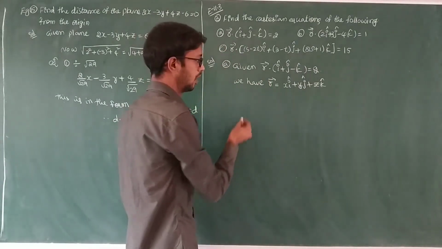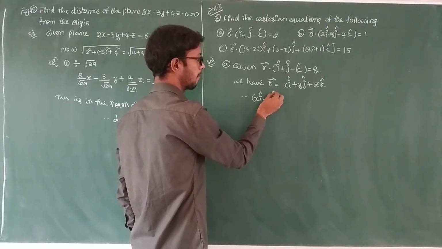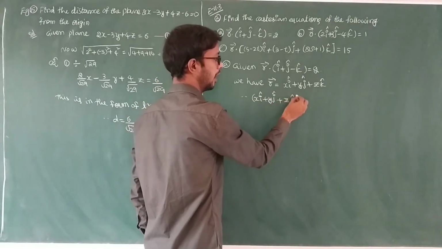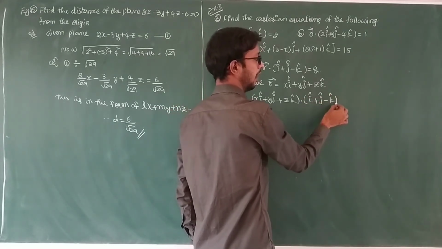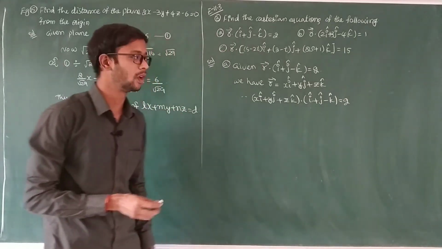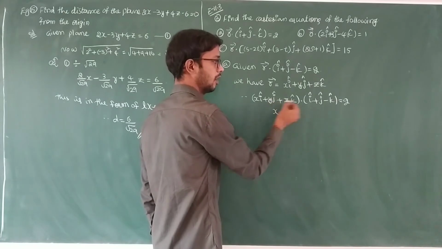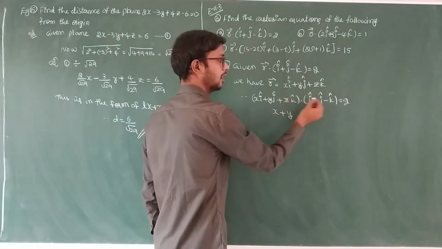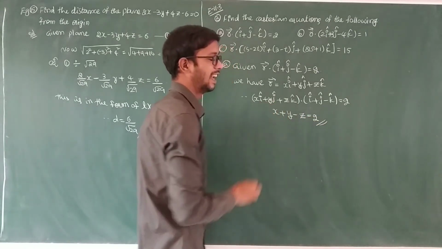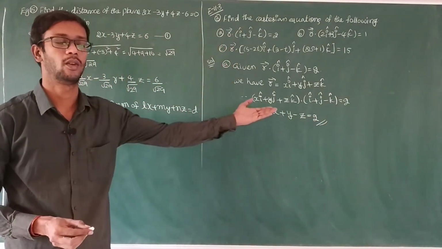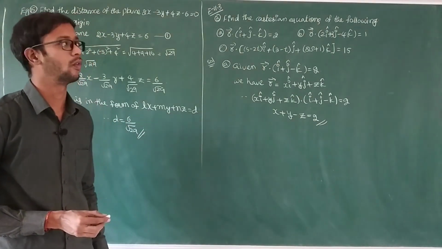So now you can substitute here: x i cap plus y j cap plus z k cap dot product with i cap plus j cap minus k cap equals 2. Multiplying the coefficients, x into 1 is x, y into 1 is y, z into minus 1 is minus z, equal to 2. So this is of the form Lx plus My plus Nz equals D. This is the Cartesian form of a plane equation.